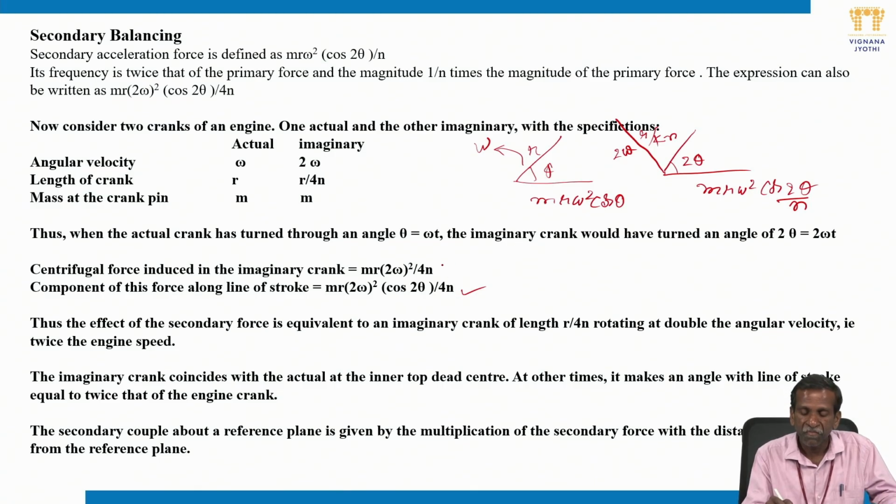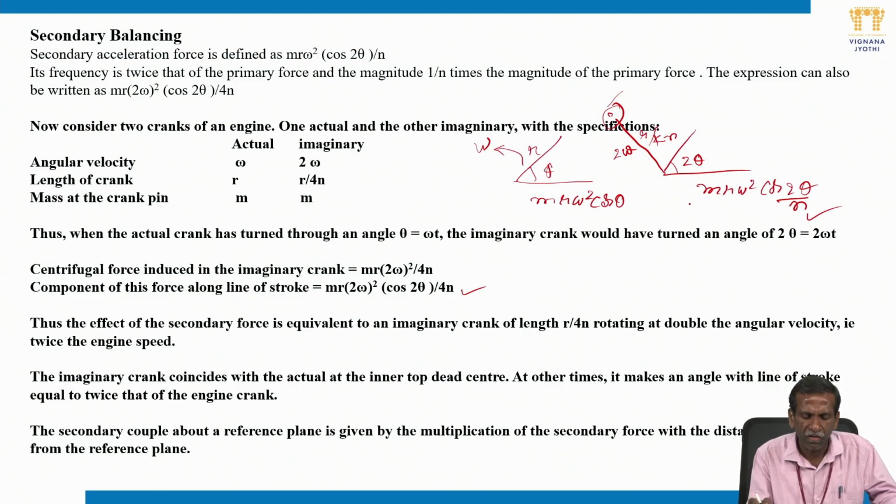If you put some mass with the orientation of 2 theta, then the centrifugal force of this mass is mr 2 omega square by 4n as per our equation. And the horizontal component of this is the cos 2 theta term, mr 2 omega square cos 2 theta by 4n.